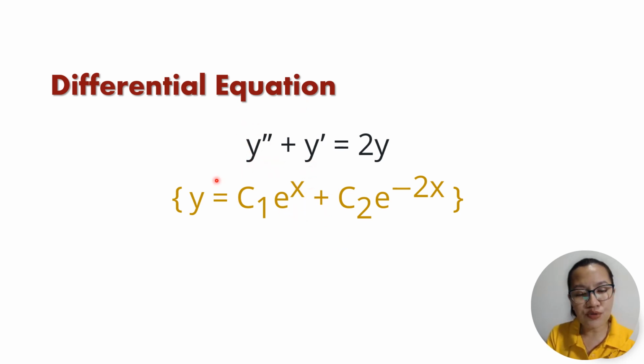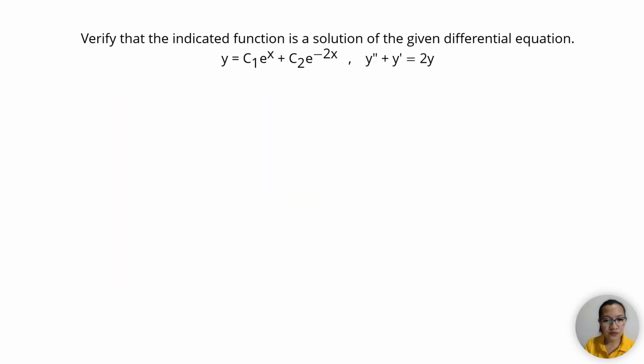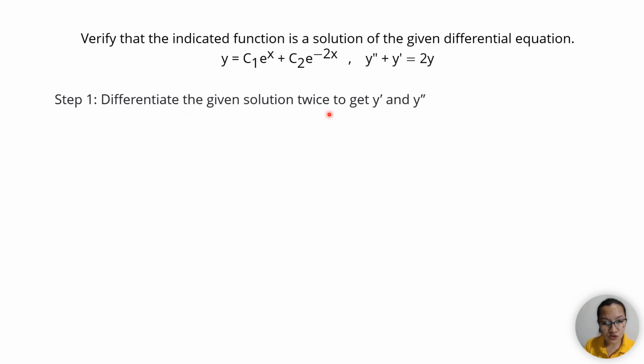So to be able to prove that this is indeed a solution to the given differential equation, what we do first is differentiate the given solution twice to get y prime and y double prime. Again, our given solution is the relation y equals c sub 1 e to the power of x plus c sub 2 e to the power of negative 2x.